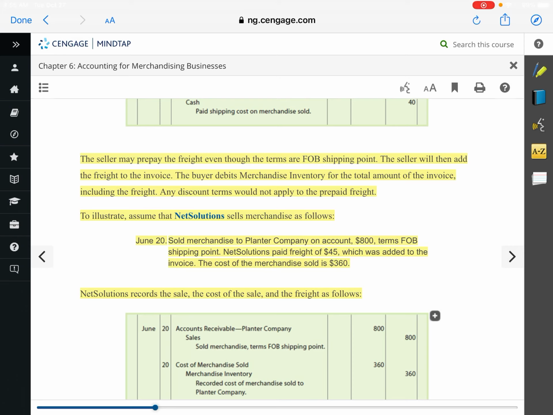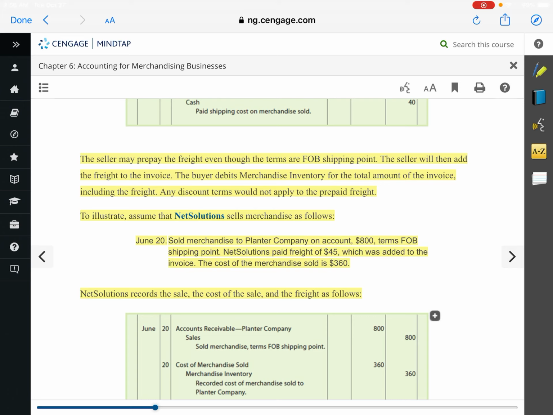We made a sale for $800 on account. So debit accounts receivable, credit sales for the $800, the actual amount of the sale. Then we record the cost of the merchandise that we sold and credit merchandise inventory because we no longer own it. So debit cost of merchandise sold, credit merchandise inventory for that cost of $360.